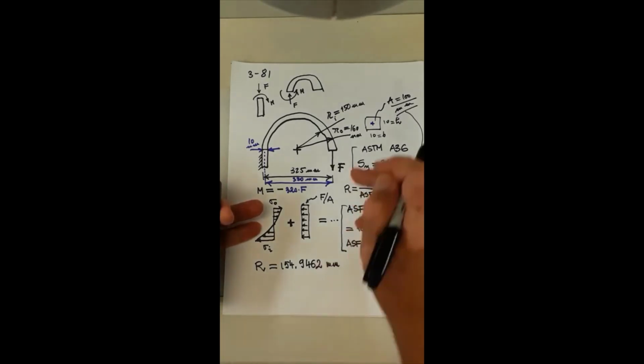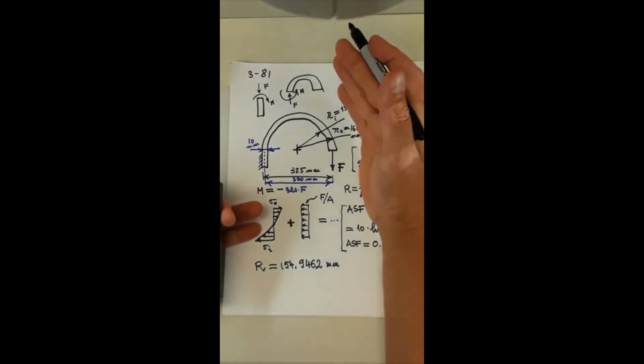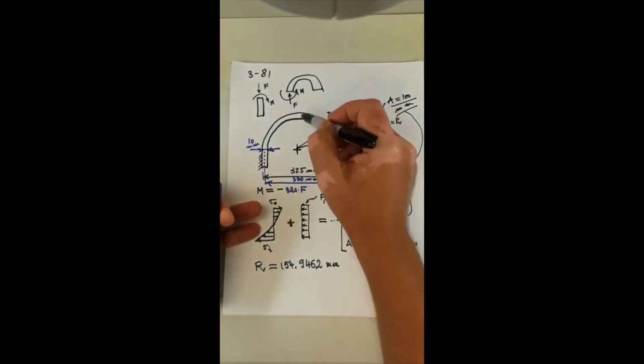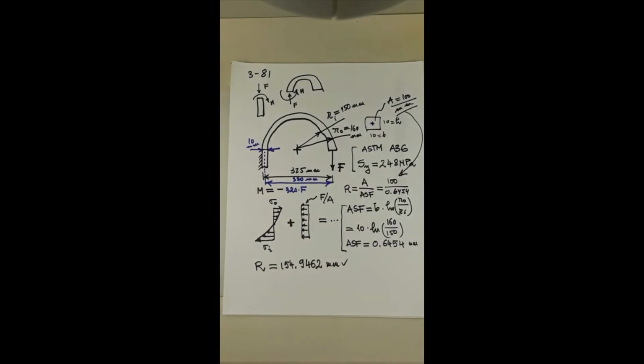It's a value that goes between 150 and 160, and it's less than their average, which would be the centroid for this problem. So it's to the inside of the centroidal arch of circle. Okay, the value makes sense.